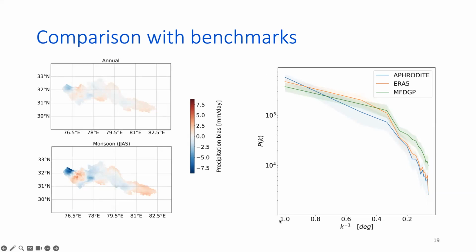So here we have the power, or structure, that's being generated by the model versus the resolution. What we can see is that for the multi-fidelity Gaussian process, we are generating at least 5 times more structure than ERA5 or Aphrodite for the same resolution.